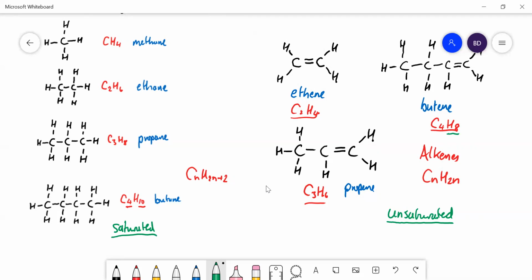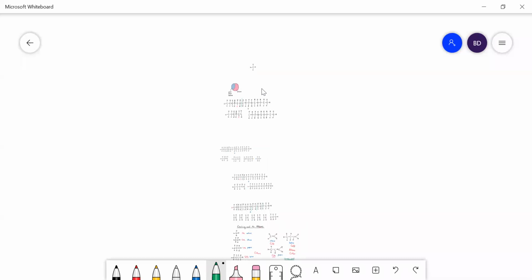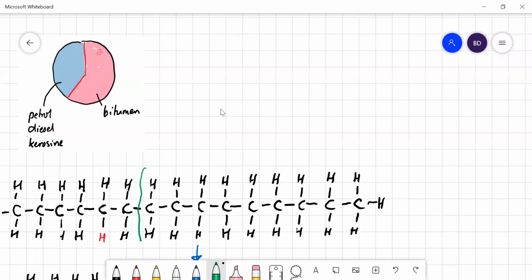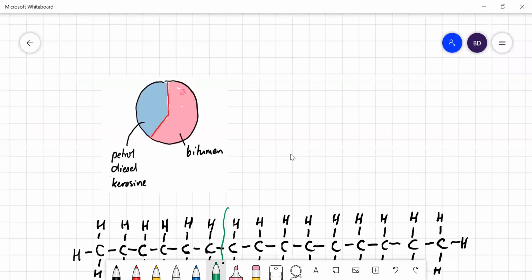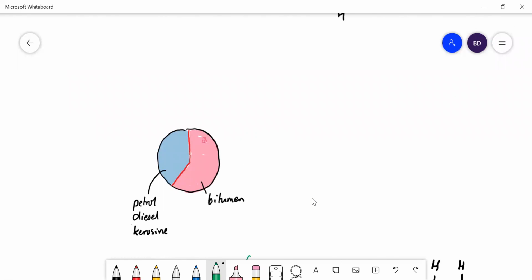Right, now let's talk about cracking. The problem with crude oil is, you see this pie chart here, most crude oil, around about 50% of it, is the very heavy fractions, the bitumen.